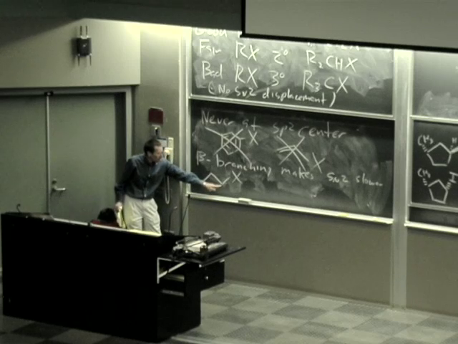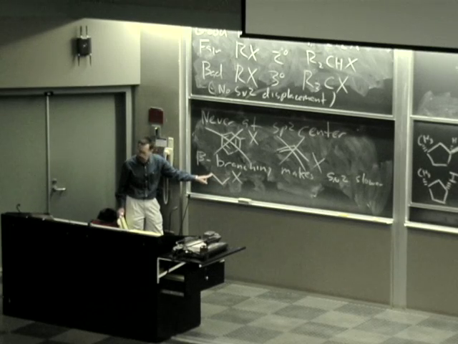We've already talked about the alpha center. This is a primary center where my finger is pointing. If I put another carbon attached here, it would be a secondary center. If I attached a third carbon, it would be a tertiary center. This position that I'm pointing at now obviously doesn't affect whether it's primary or secondary.